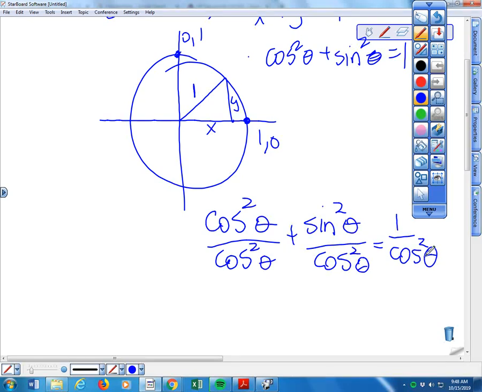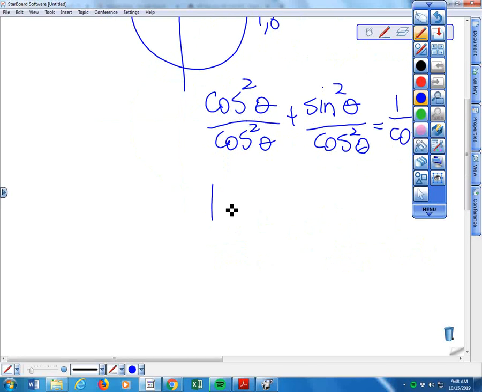So this becomes 1. What's sine squared over cosine squared? And what's 1 over cosine squared? Mind blown, right? So you have to turn it into that.